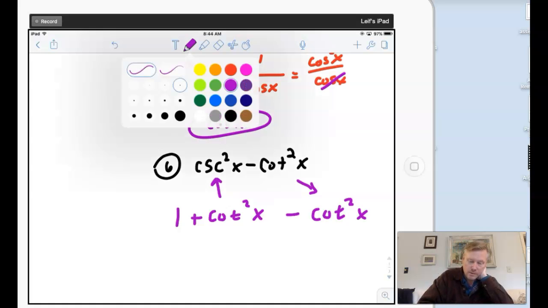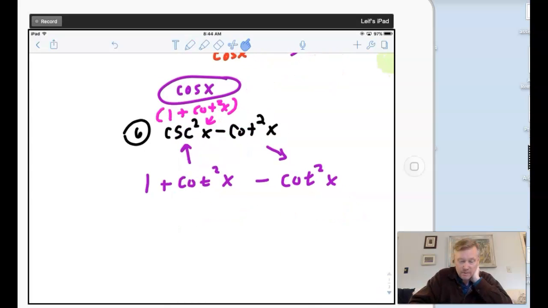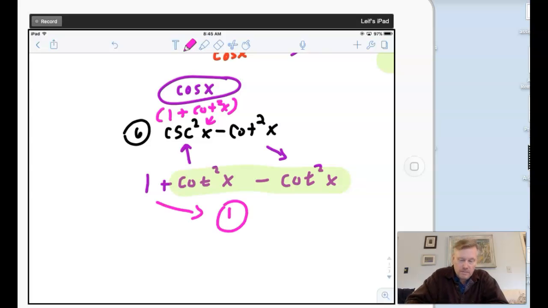So I can write that right on top. This is equal to 1 plus cotangent squared of x. So if I combine those together, I've got a positive cotangent squared of x and a minus cotangent squared of x. So anything subtracted from itself is 0, which means what I'm really left with is the 1, okay? Those two things cancel each other out, and I'm left with 1.